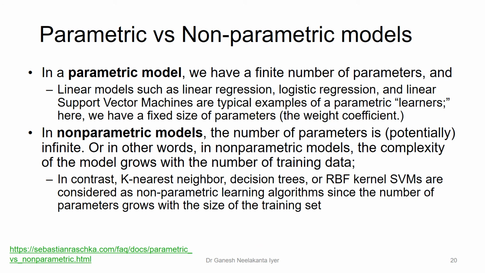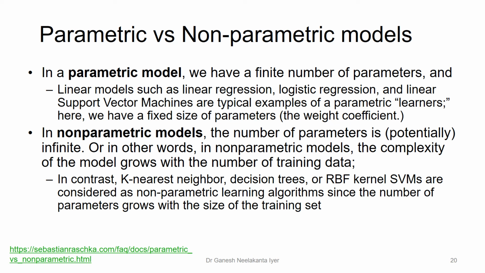Another characteristic of KNN is that it is non-parametric. A parametric model means we have a finite number of parameters, and linear models such as linear regression, logistic regression and support vector machines are all parametric learners. We will see them in separate videos. In non-parametric models, the number of parameters is infinite, or in other words, the complexity of the model grows with the number of training data.